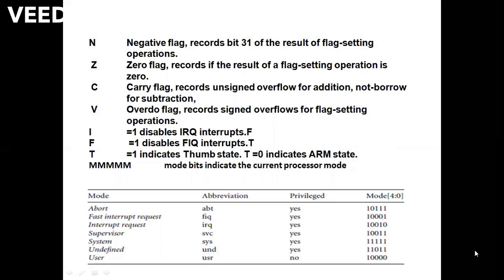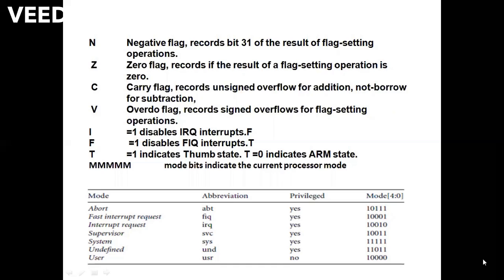In that case, it will be switching from user mode. Suppose it is in the user mode, executing some user task or user program. While executing, it comes across a situation where it will not be able to understand an instruction or a statement. Whenever you don't know anything, you say that it is undefined. Then the processor will switch from user mode to undefined mode. As long as the processor understands everything in the user mode, it will carry out the user task.